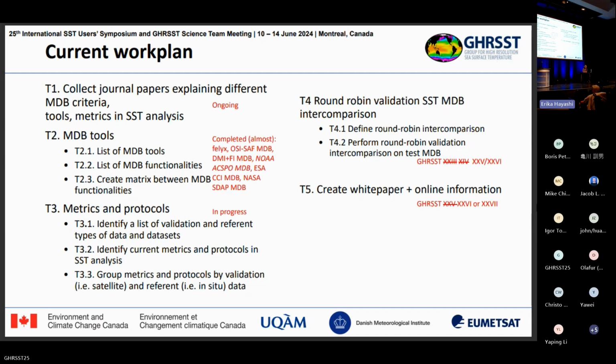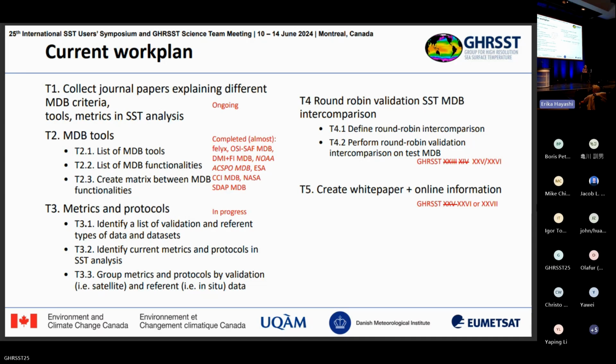We are moving now to the third task, which is more about the metrics and protocols used to validate SST from matchups. The aspects to look at in this task are to first identify the list of validation and reference datasets, like in situ datasets, that should be used for the production of the matchups and the comparison with satellite SST.